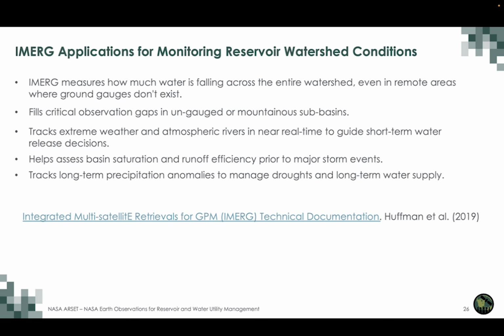Finally, by monitoring long-term precipitation anomalies, we can better anticipate extended dry periods, manage droughts, and support our long-term water supply planning over that crucial 12 to 18-month horizon. For those interested in diving deeper into how the data is processed, I've included a link to the full technical documentation at the bottom of the slide.